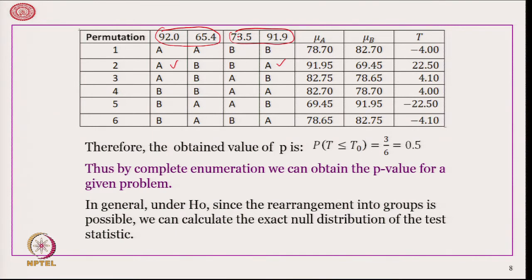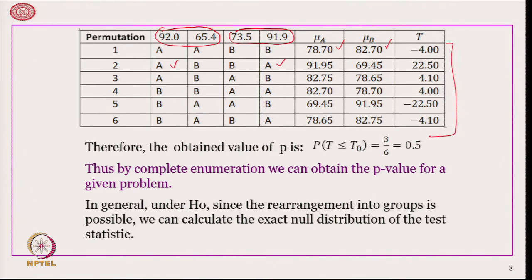So, like that for all the 6 permutations we have computed what is going to be the mu A and what is going to be the mu B. And we have computed the value of the statistic T for all the 6 permutations.